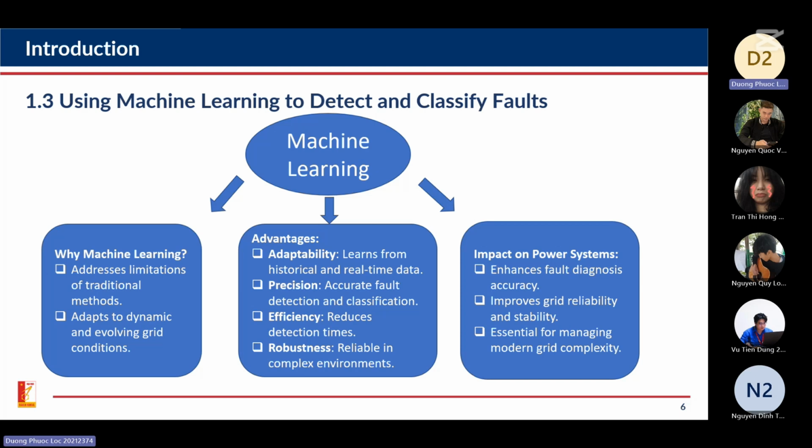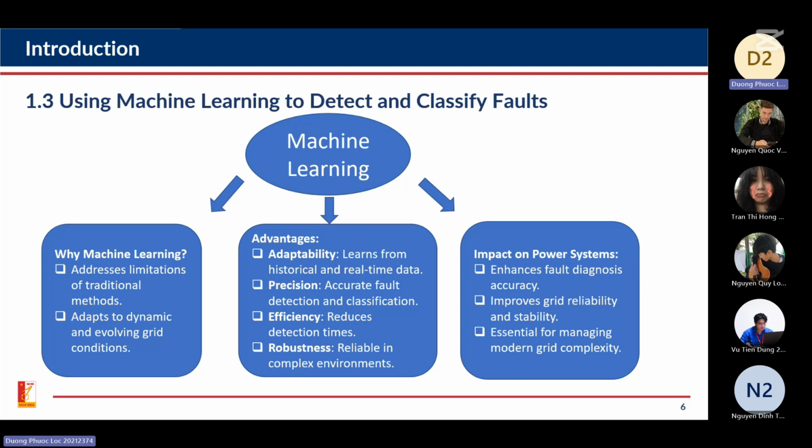As highlighted in the first section, traditional methods for fault detection often fall short in modern complex power systems. Their methods, while effective in simpler setups, struggle with adaptability to dynamic grid conditions and non-linear behaviors.